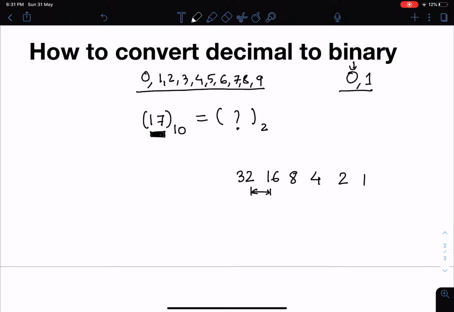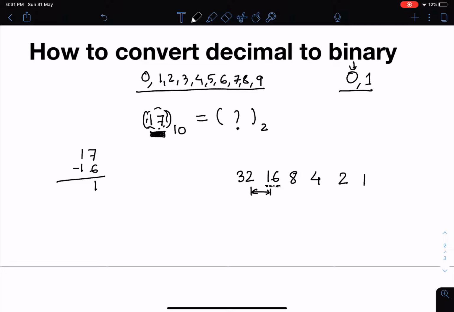this 17 lies somewhere between 32 and 16. Now we take the largest number which we can subtract from the given number, 17. Here 16 is the largest number which we can subtract from 17. If we subtract, the remainder will be 1.